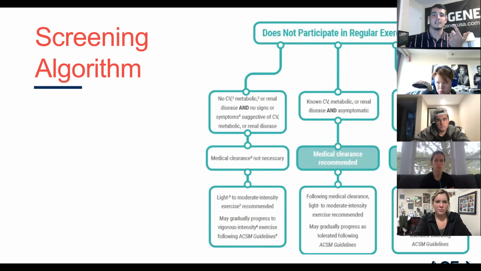So if you do not participate in regular exercise and you have any sort of disease, even if you are asymptomatic, you need medical clearance. If you have any signs or symptoms of any sort of disease, condition, a cardiovascular, metabolic, or renal, you need medical clearance.